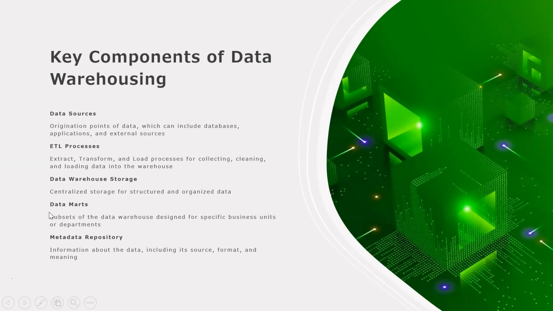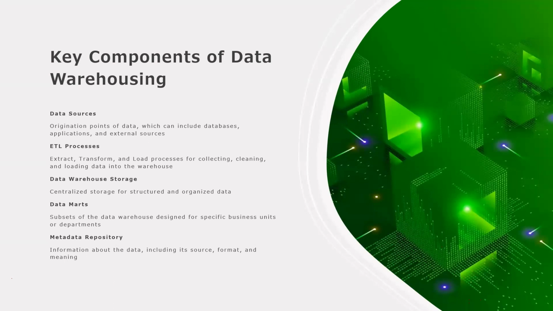On which basis we are going to create these data marts is completely dependent on that particular business. For example, think about a retail sector. Then the data marts can be something like a sales table, a customer table. The sales table is going to have all the details of product sales.